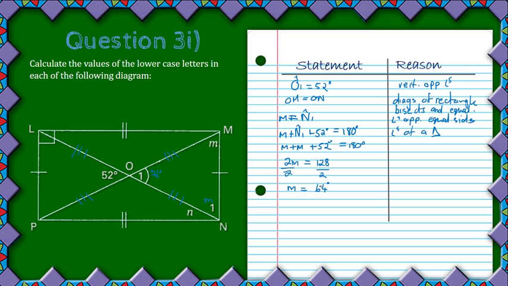Right, so now for N, we know that this is a right angle. So we can say that PNM is 90 degrees, just because they didn't give it to us, we can write it down. And our reason is angles of a rectangle.